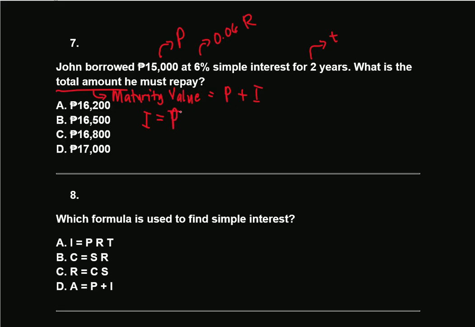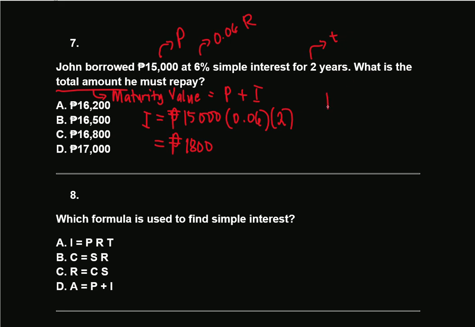Okay, so we got 15,000 times the rate, that is 0.06, then our time, which is 2 years. So that will be 15,000 times 0.06 times 2. So that is 1,800. Okay, so again, what they are asking here is the total amount.